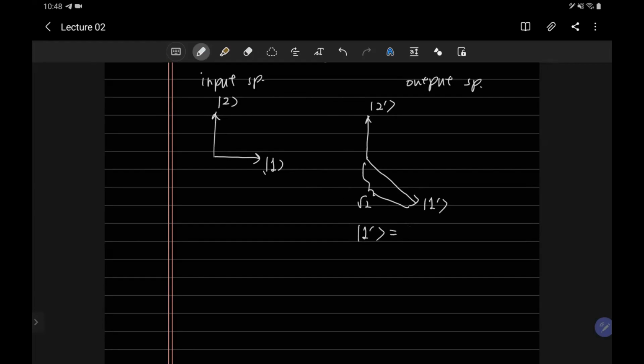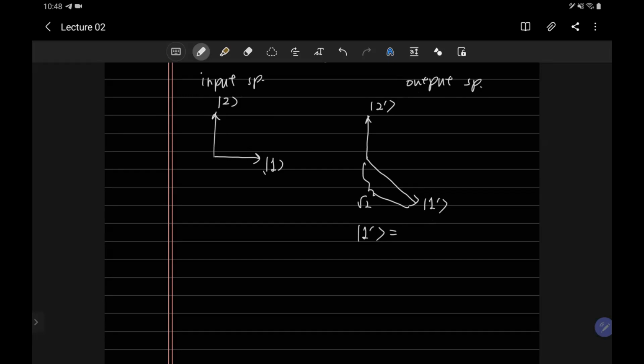We could just use 1 prime and 2 prime as a new basis, but generally we are assuming that the input space and output space, even though here I distinguish them separately, are the same. In quantum mechanics, we don't actually have two different spaces.